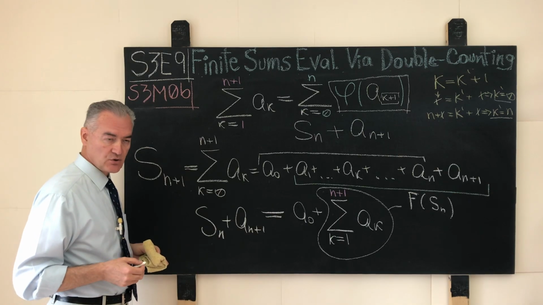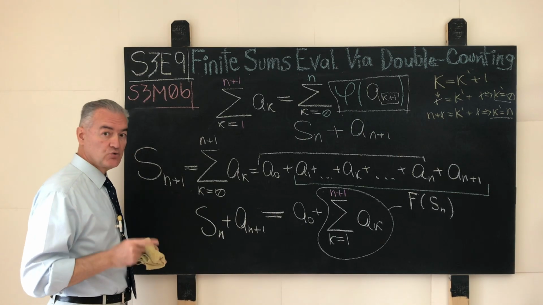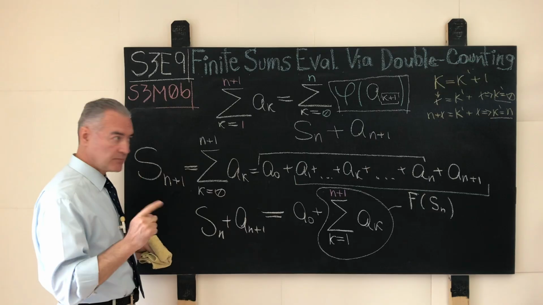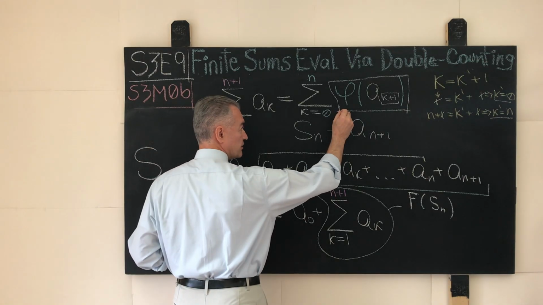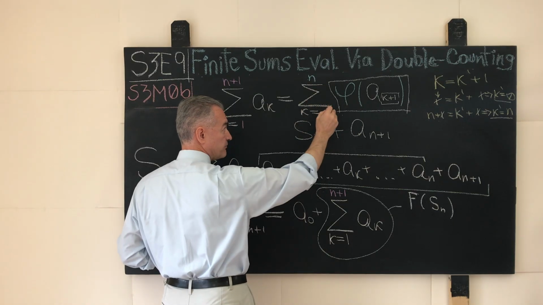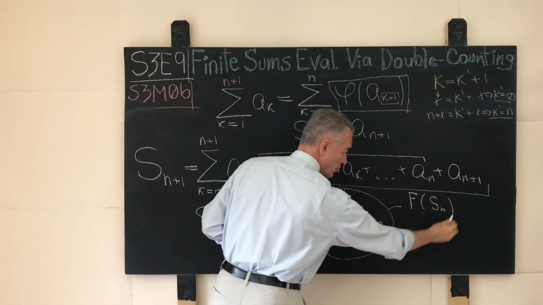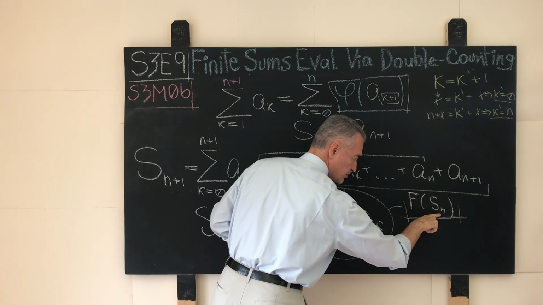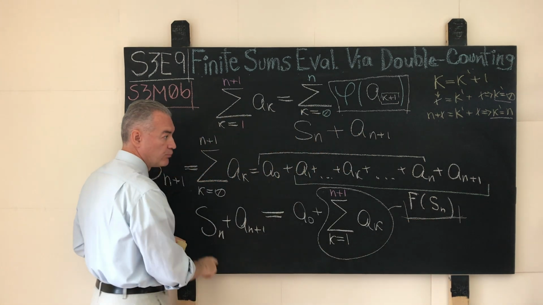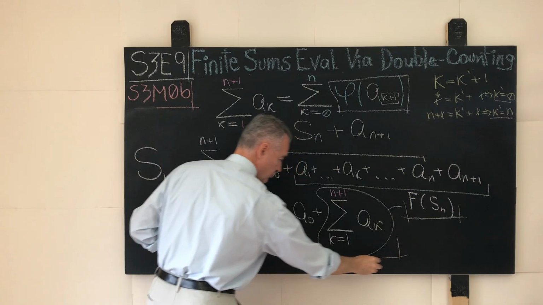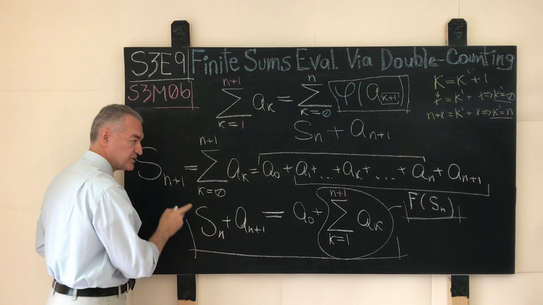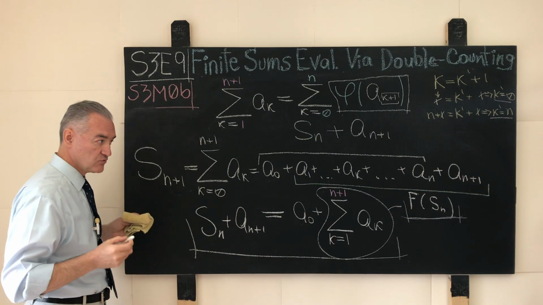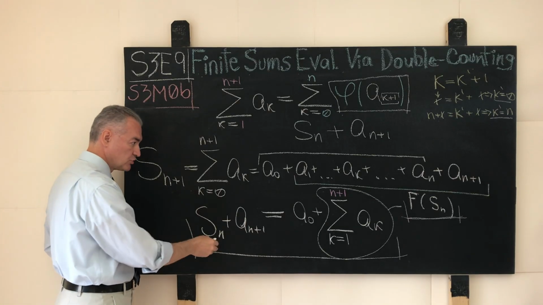This is again for the matters of full disclosure, but there do exist cases when both of these two things are possible. That is, sometimes it is possible to take the material that is baked into the reindexed sum and sculpt it into an explicit and fairly nice function of our original sum Sn, and put it back into this equation over here and solve that equation symbolically or analytically, and voila, thus obtain an alternative expression.